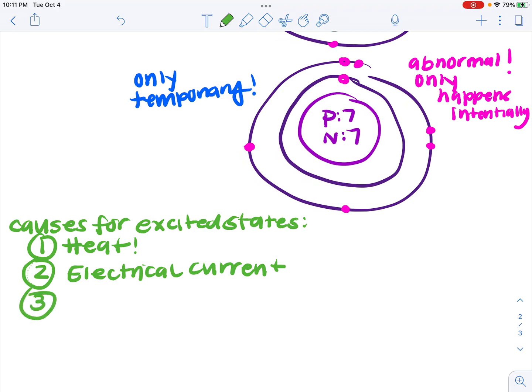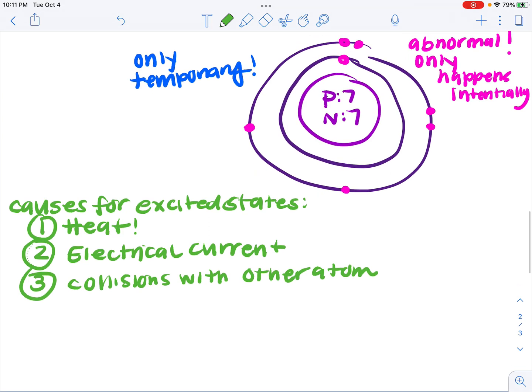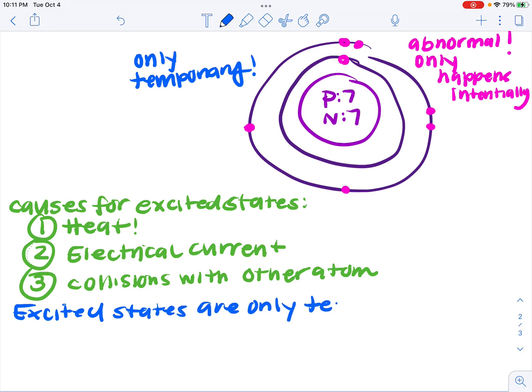A lot of electrons will move positions if they come into contact with electricity because they repel each other so much. Or even collisions with other atoms can cause excited states to occur. But again, these excited states are only temporary.